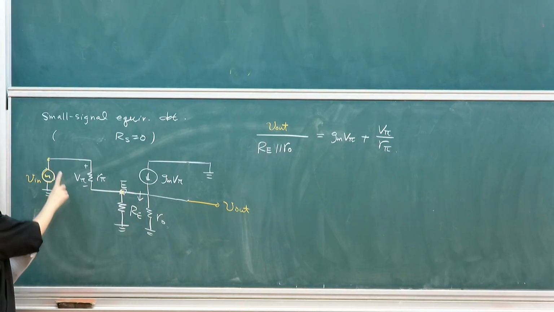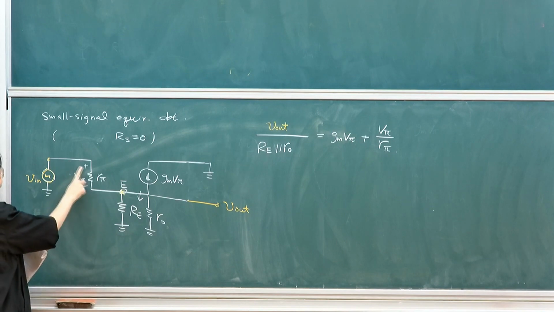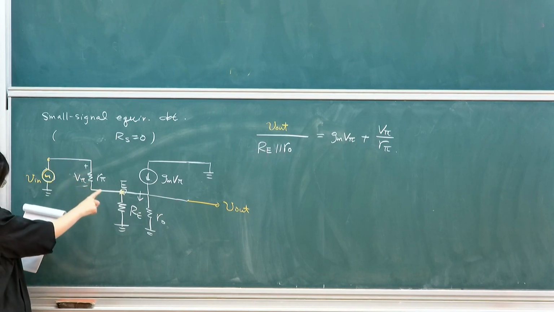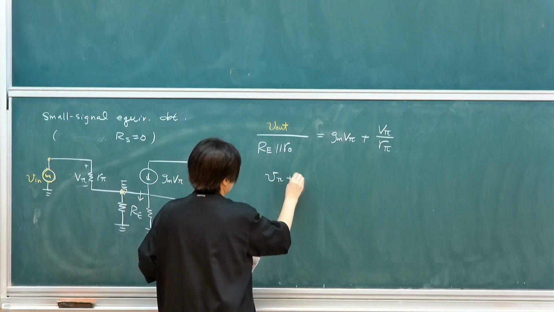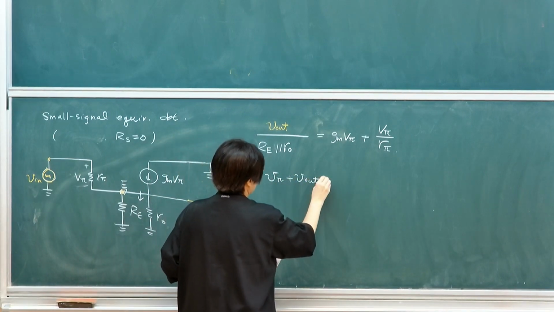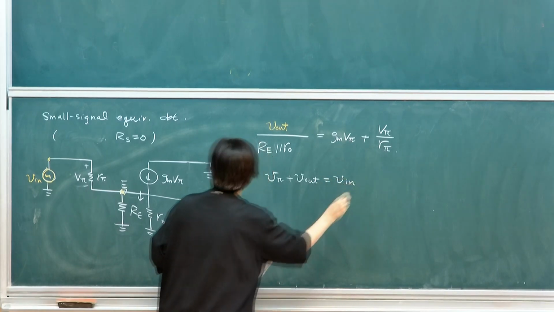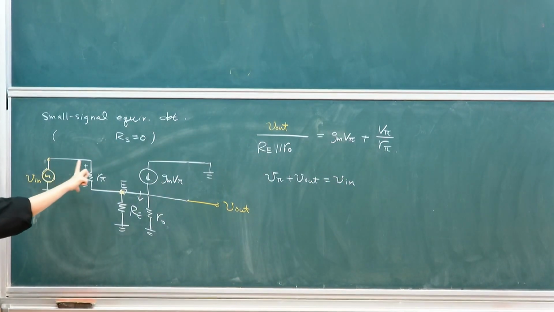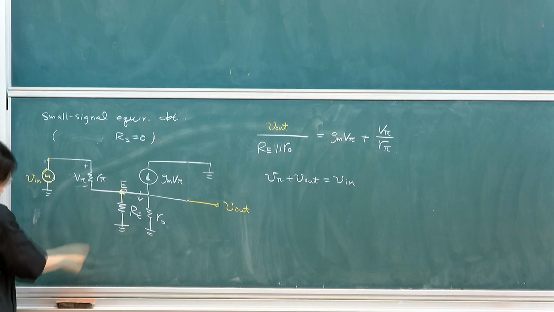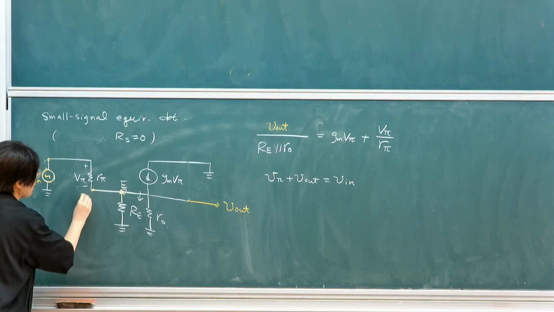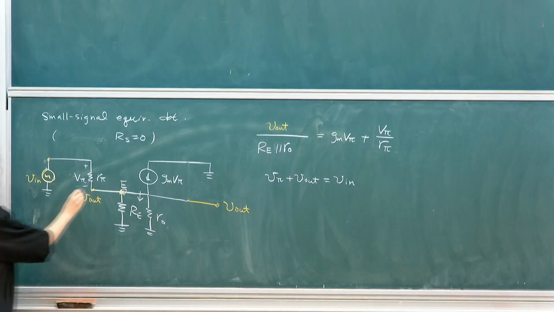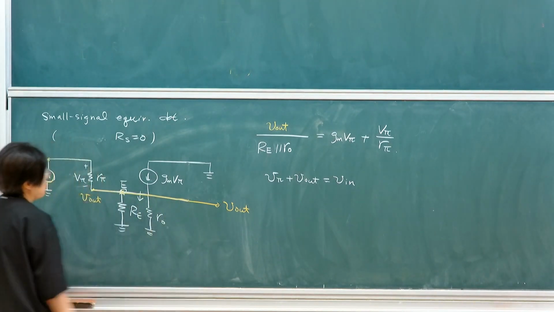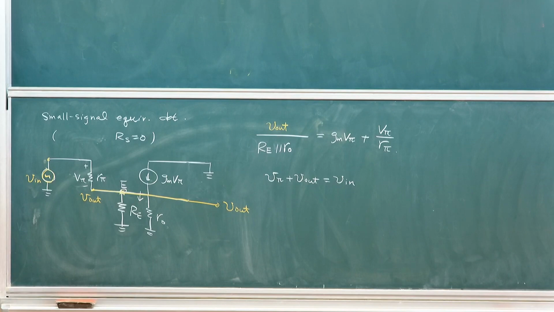And then the other thing is that if you're looking at this branch, this will give us that V pi plus VL equals Vin. This is my Vin equals V pi plus VL. This is VL. Let me highlight again. This is VL. It's the same terminal. The emitter is my output terminal. So Vin equals V pi plus VL.